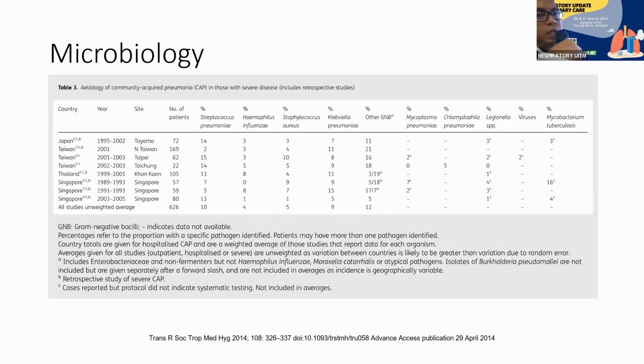If we look at other populations in Asian countries, we can see similar findings. Among the common causes of community-acquired pneumonia, the commonest will be Streptococcus pneumoniae. So again, the pneumococcal vaccine is very important, because Streptococcus pneumoniae is the commonest organism that can cause community-acquired pneumonia.